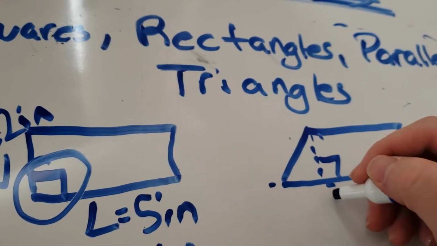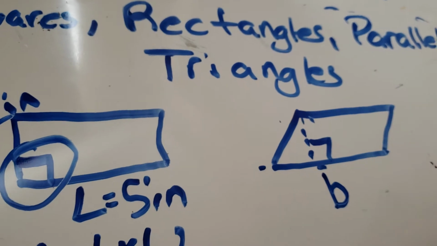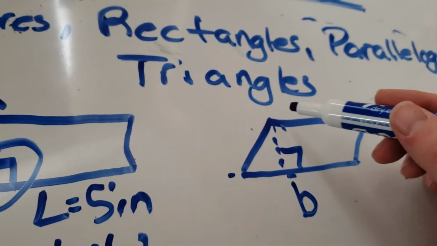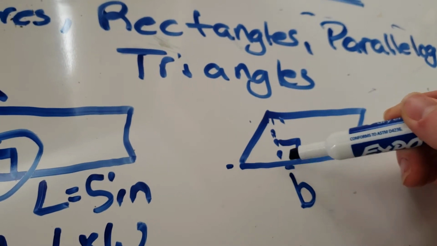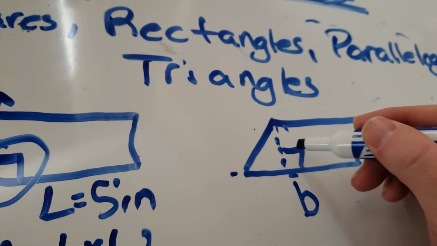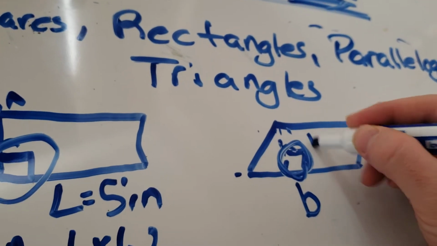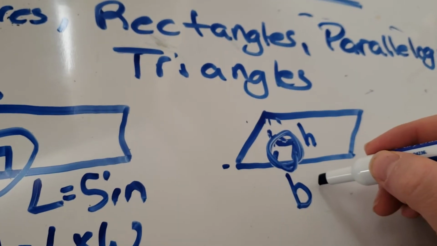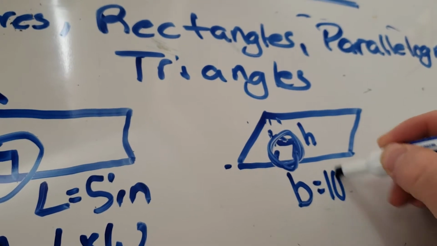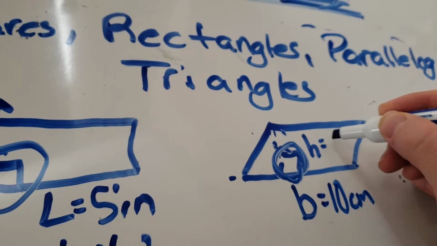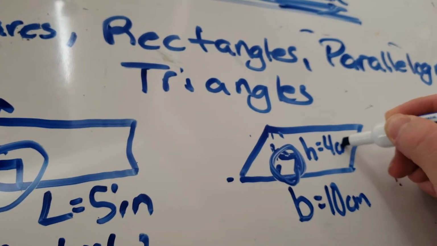So we always call the bottom side the base, and then because for area we need right angles, we actually sometimes have an imaginary line that intersects our base at, again, all important, right angle, called the height. So let's call our base 10 centimeters and our height 4 centimeters.